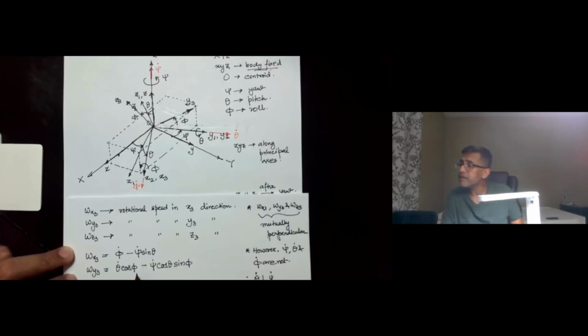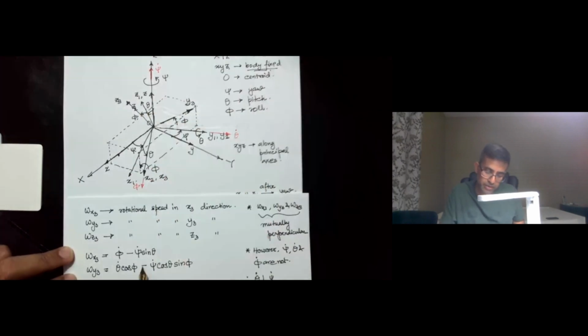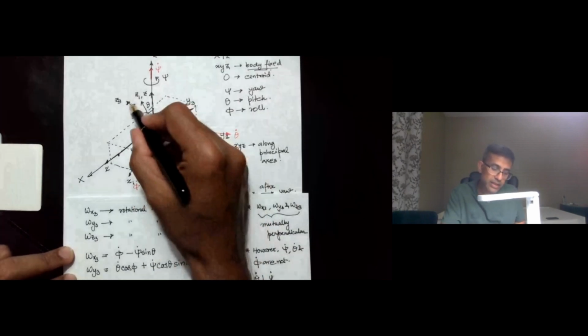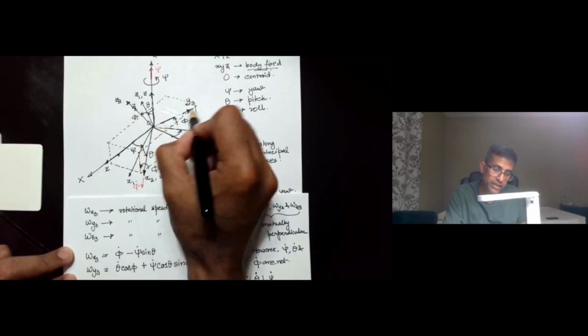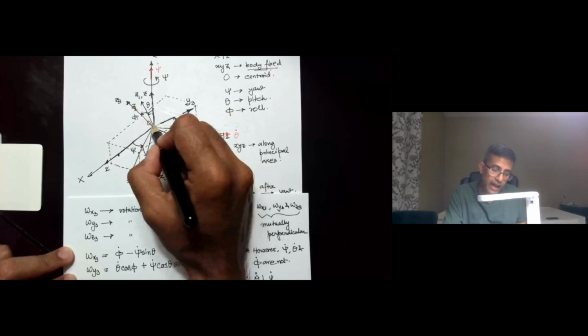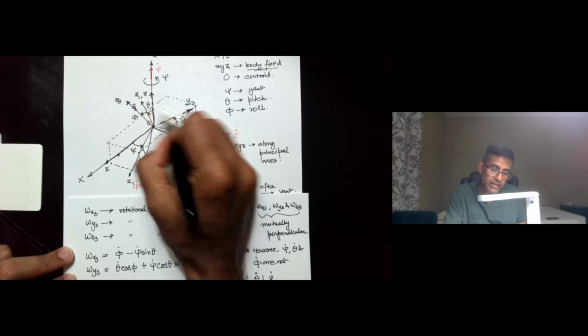Let me check that. Oh no, it is a positive direction, because Z3 Y3 is forming a 90-degree angle, and Z2 is within that 90 degrees.